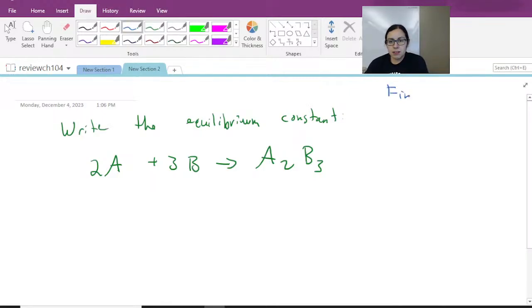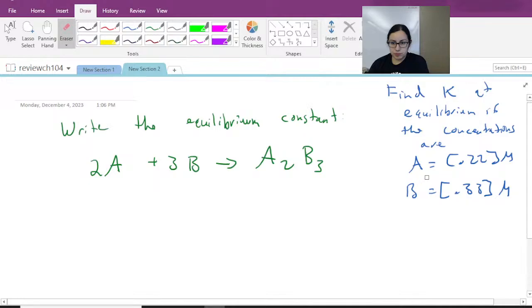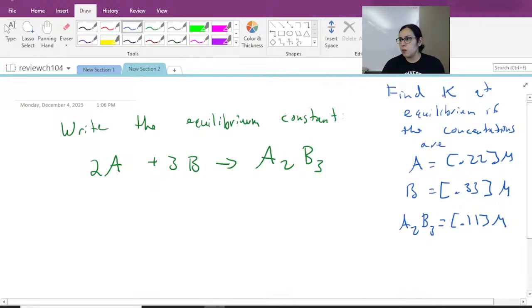And then we'll say find K at equilibrium if the concentrations are... So see if you can find the equilibrium expression, and then once you do, find the actual value given those equilibrium concentrations.